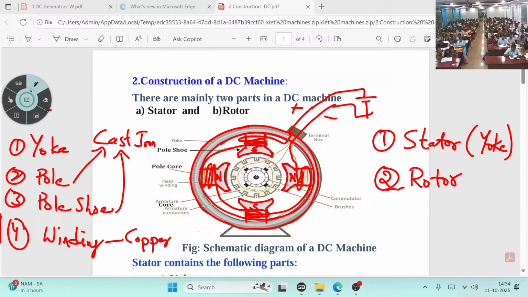Where are the conductors? These are the conductors. These conductors are inserted in the slots, the rotor slots. So this is called the rotor. These are the slots.